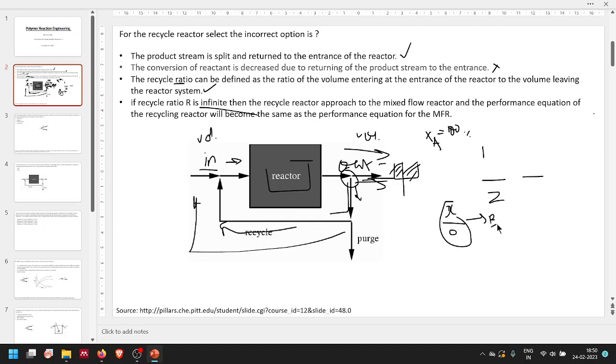The recycle ratio becomes infinite. In this case, the entire stream is being recirculated back inside the reactor. Now, this is what happens in a mixed flow reactor. Whenever we have an inlet stream, all the reactants and products are properly and uniformly mixed inside.